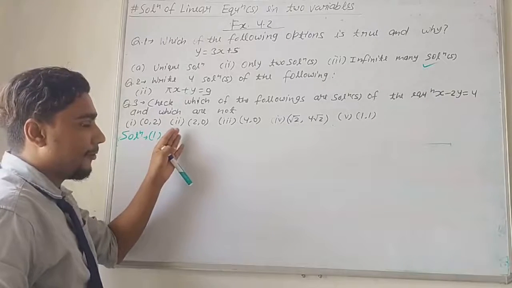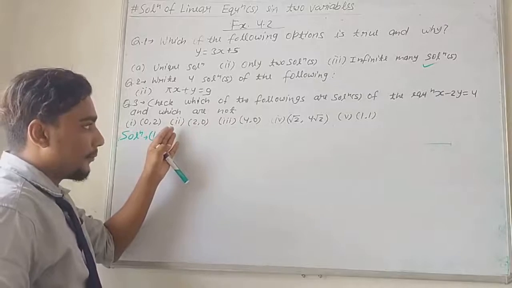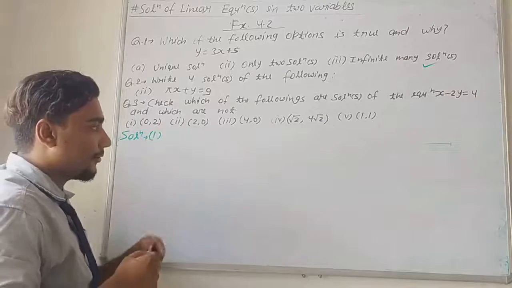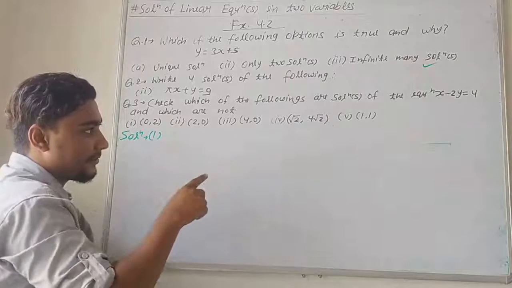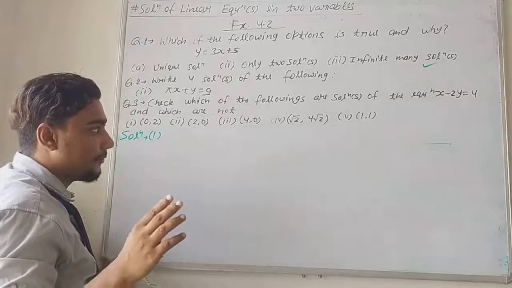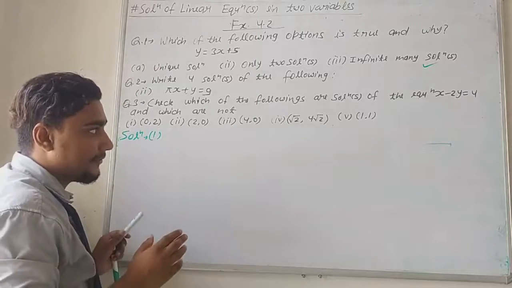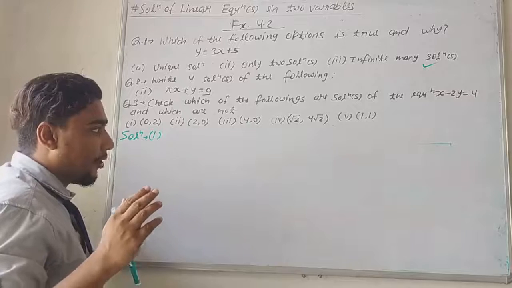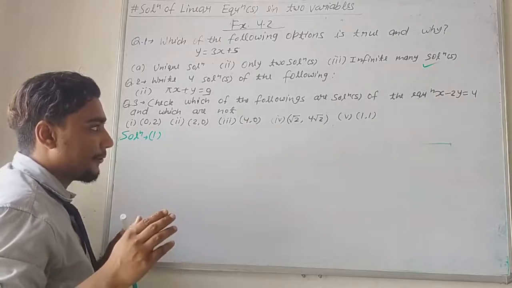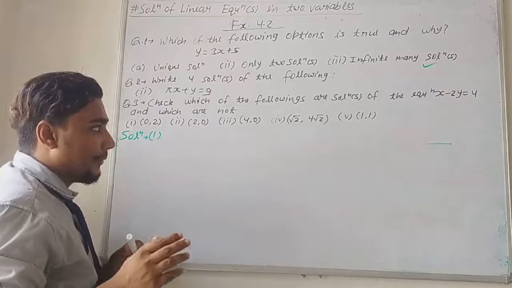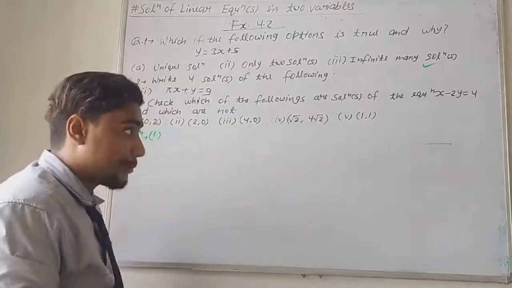For that we put the value of the ordered pair in the LHS, and if we get the RHS then the ordered pair is a solution of the equation. If we don't get the RHS then the ordered pair is not a solution of the equation.